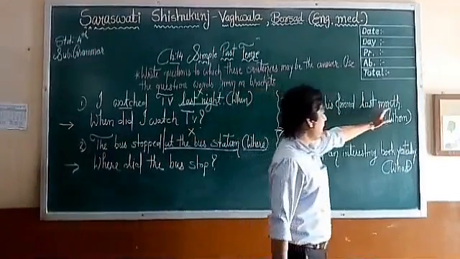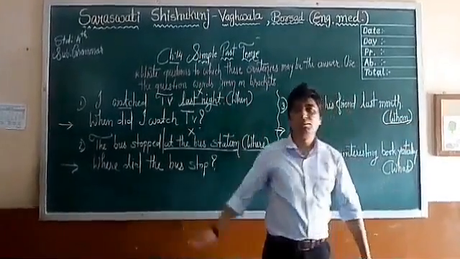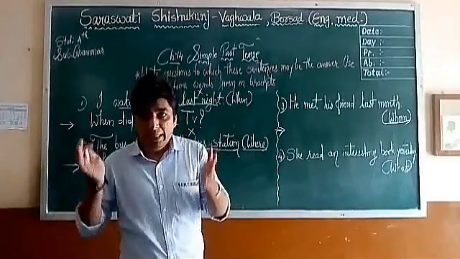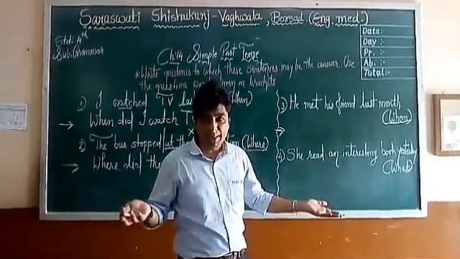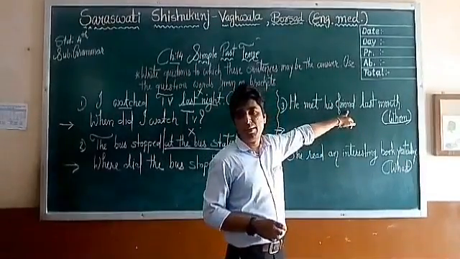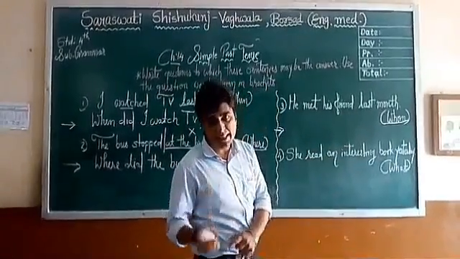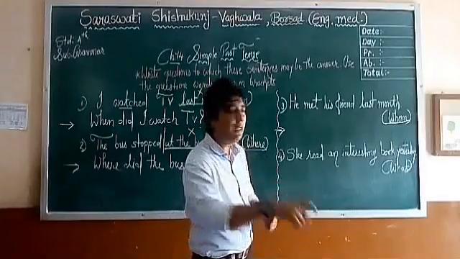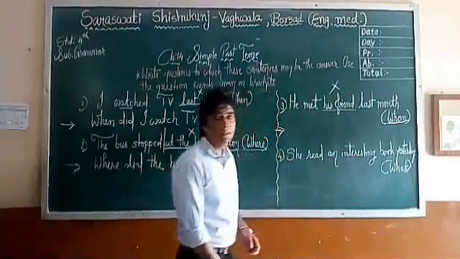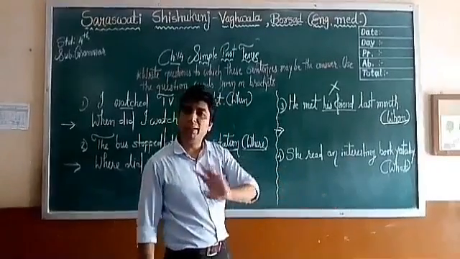He met his friend last month. Whom? The person. He, but whom he met. Right? So his friend actually gave an answer. So we will not write it in our question. Okay? The rest of the words we will write.